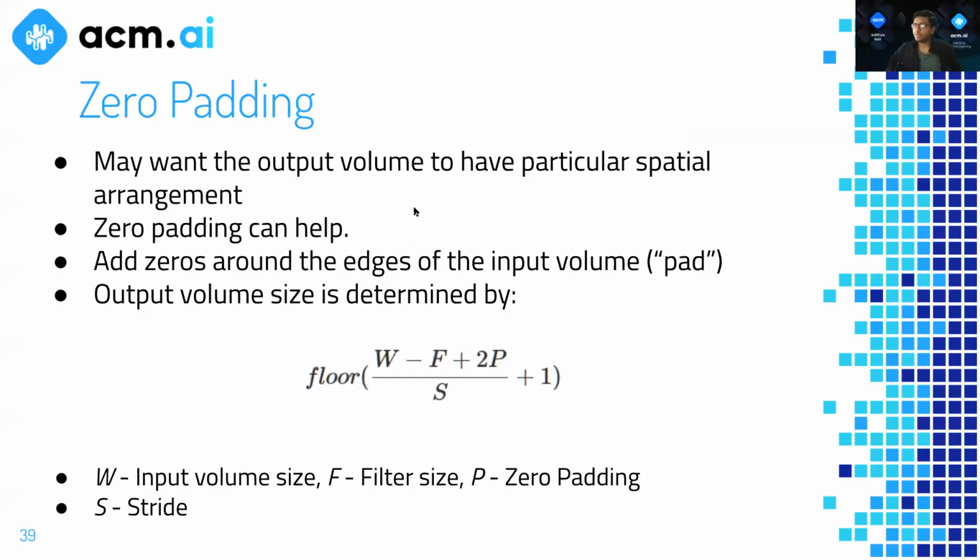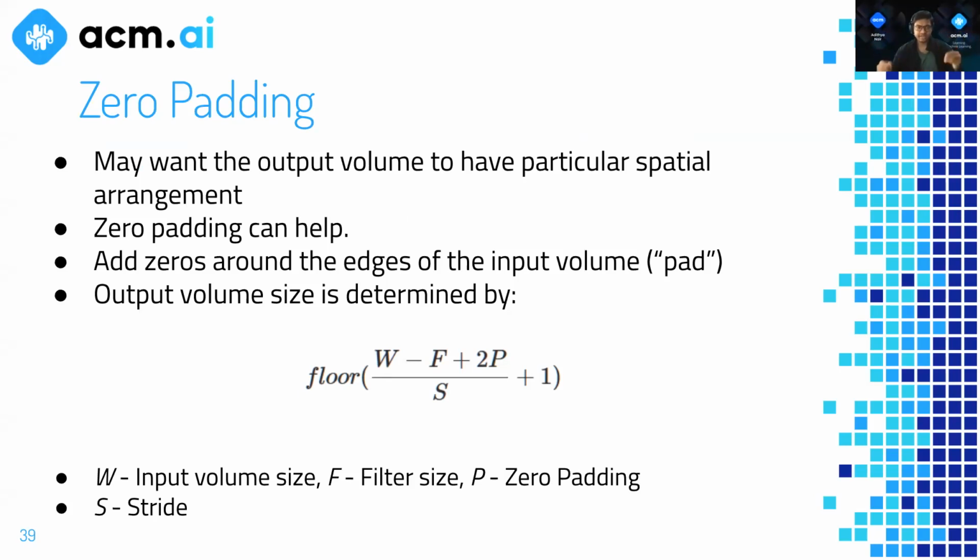All right, so zero padding. In certain cases, we want our output volume to have a certain spatial dimension, and zero padding helps with that. You'll get a much better understanding when we move to the next slide. But just keep in mind that zero padding essentially pads the border of an input image with zeros or non-relevant pixel values.